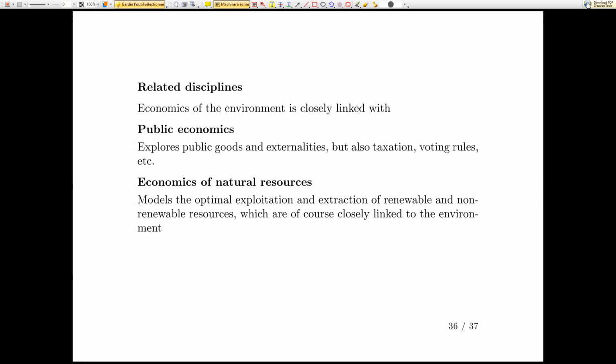If my neighbor has loud music, then it's an externality. So it's the same analysis. So this is all under the umbrella of public economics. But yeah, public economics is also interested in taxation a lot. Voting rules, so many other things. So we don't go there, but these two parts especially.